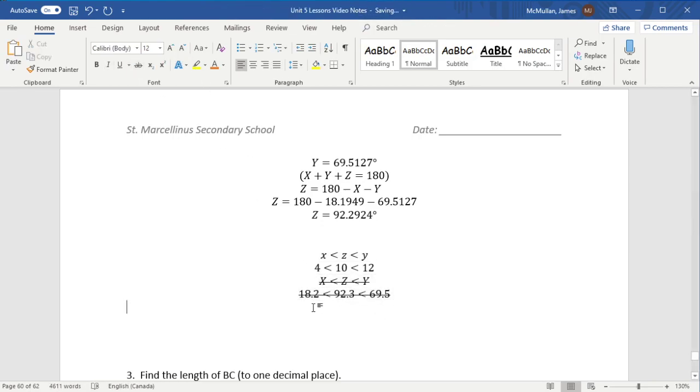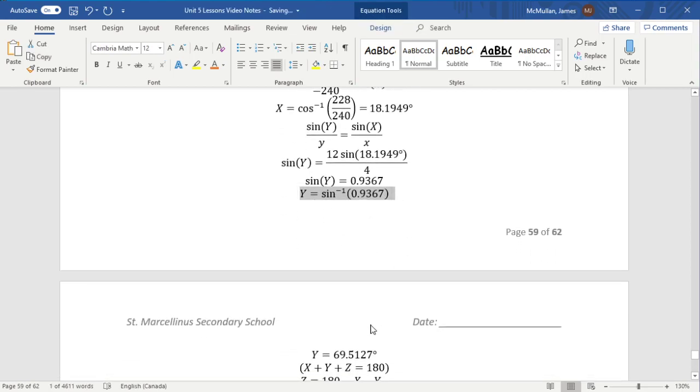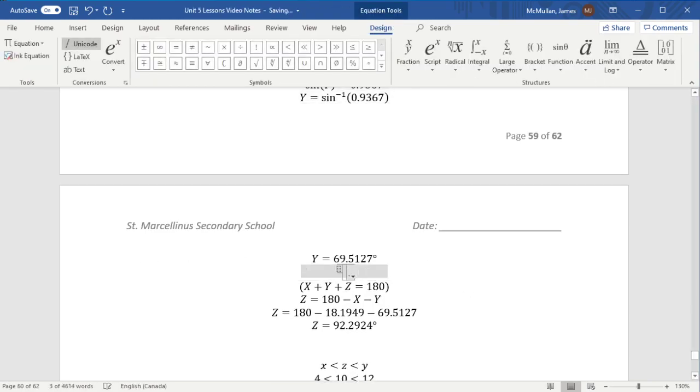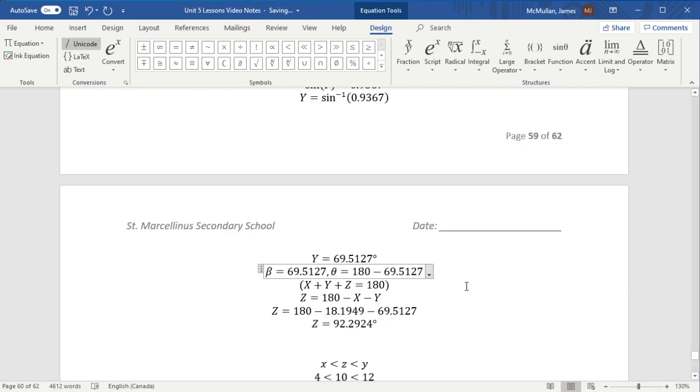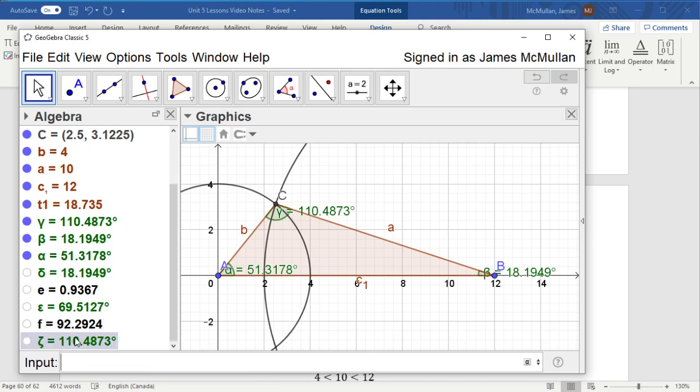Now, the mistake I made is that when I inverse sined, the answer is not 69.5127. Actually, the answer is, beta, remember, is 69.5127, and therefore theta, the other option for theta, is 180 minus 69.5127, which is 110.48, which is the actual answer.